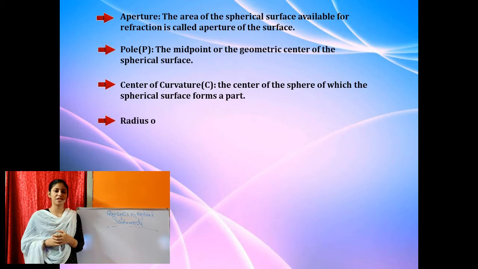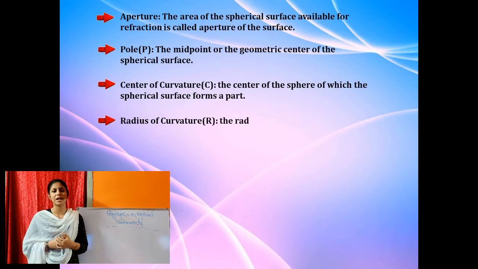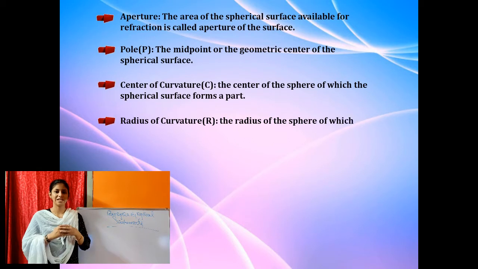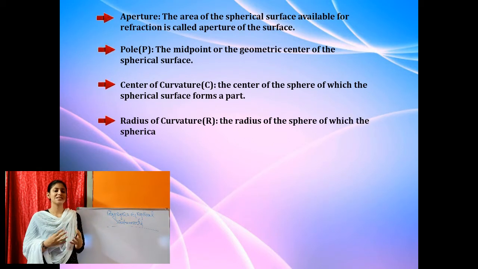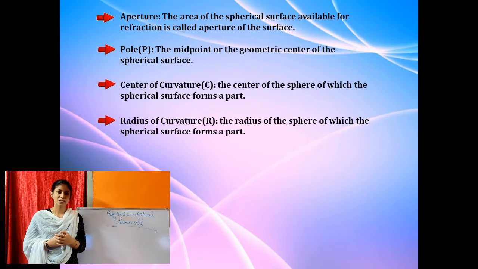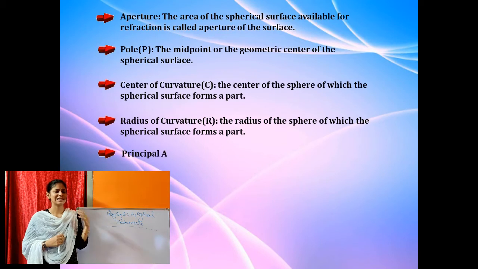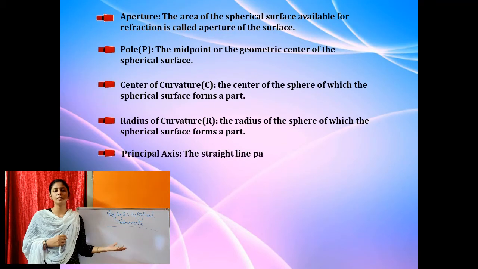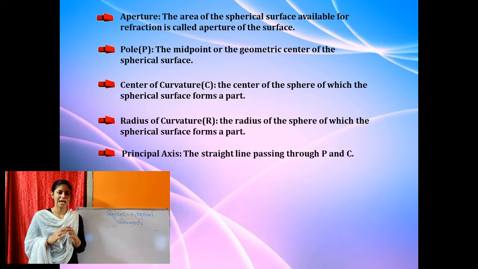Next is the radius of curvature, represented by capital R, which is the radius of the sphere of which the spherical surface forms a part. Next is the principal axis: a straight line passing through the center of curvature and the pole.